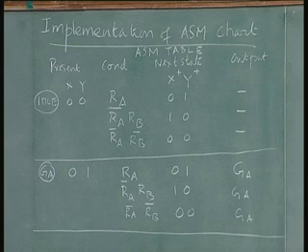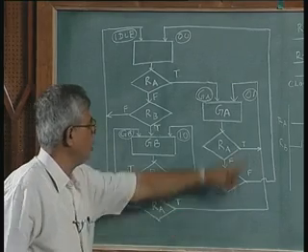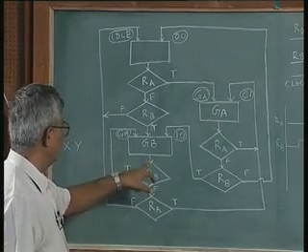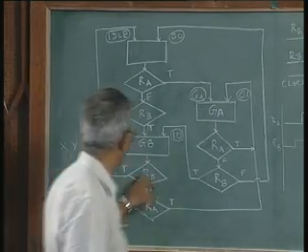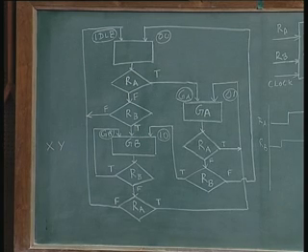And finally, the GB state is 1 0 state. It has again three paths. If RB is true, it goes back to the same state. If RB is false and RA is true, it goes to 0 1 state.